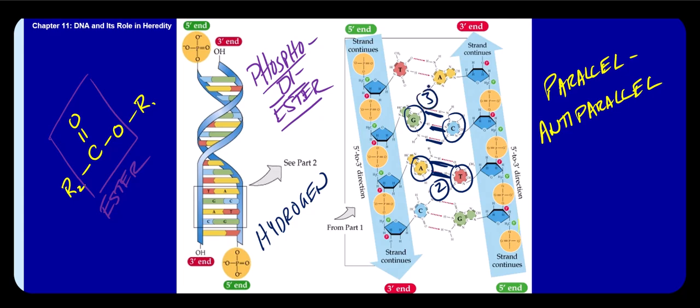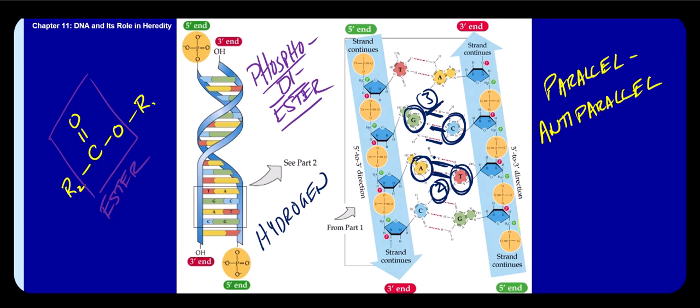Everything I say is in the PowerPoint, so you can very easily read the PowerPoint. And I try to be very careful not to say anything that's not in the PowerPoint. This, though, may not be spelled out in the PowerPoint, the number of bonds. So make sure you know I have 3 hydrogen bonds attaching cytosine to guanine. I have 2 attaching adenine to thymine.